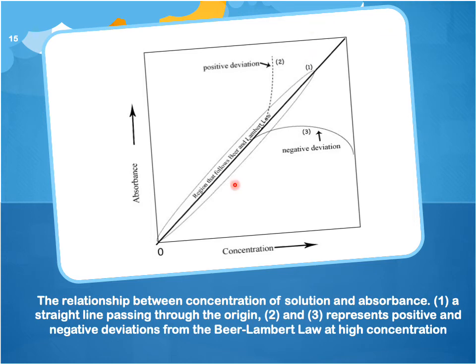From this figure, solution 1 indicates a straight line at a lower concentration. Notably, the line passes through the origin in this case. Line number 2 and line number 3 represent the limitation of the Beer-Lambert law at a higher concentration of solution, which results in a positive deviation and a negative deviation respectively.